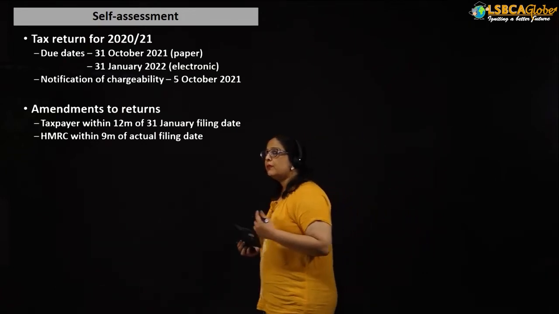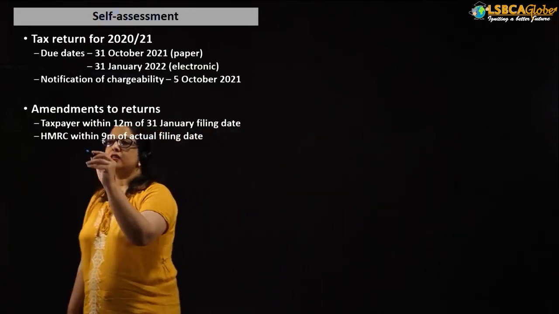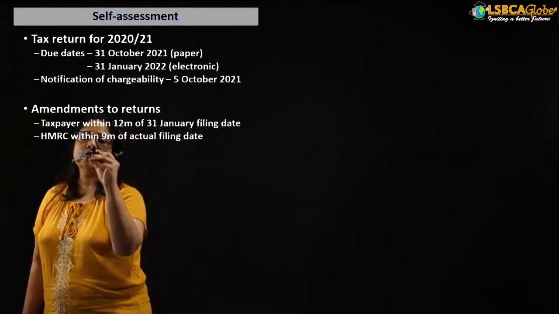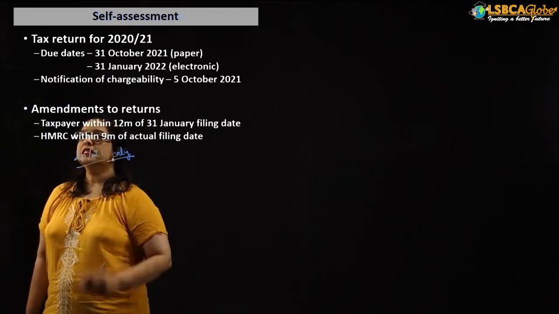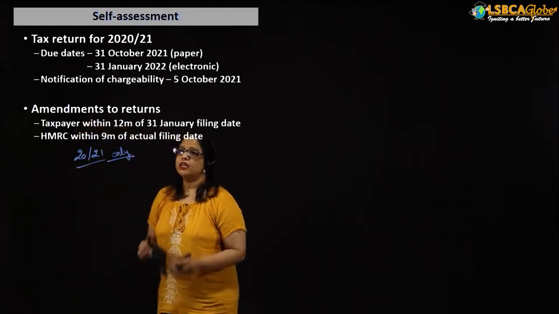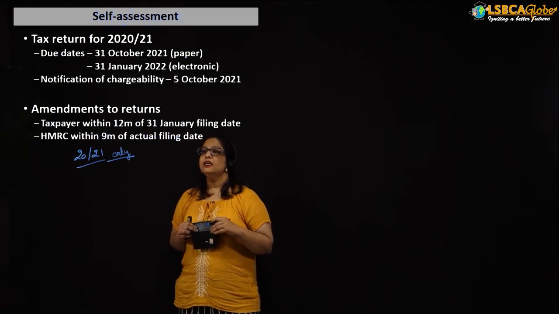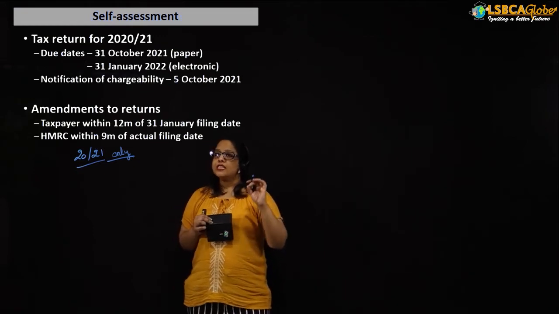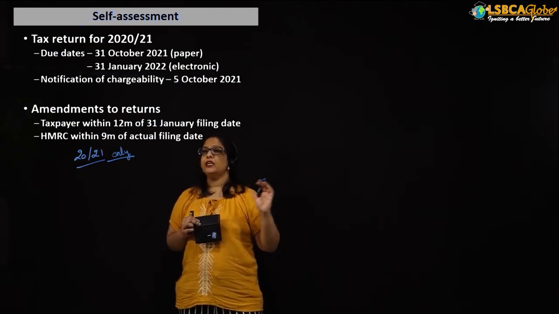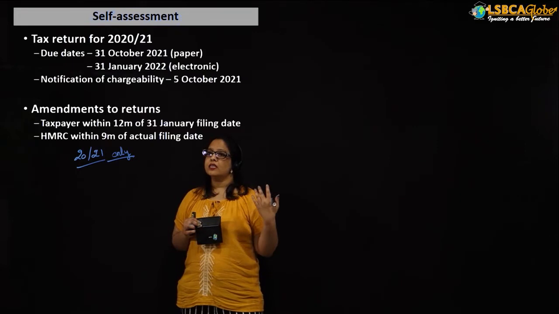Suppose the person starts earning in the tax year 2021 only, then in that case the person has to notify HMRC within 6 months from the end of the tax year in which he starts earning.